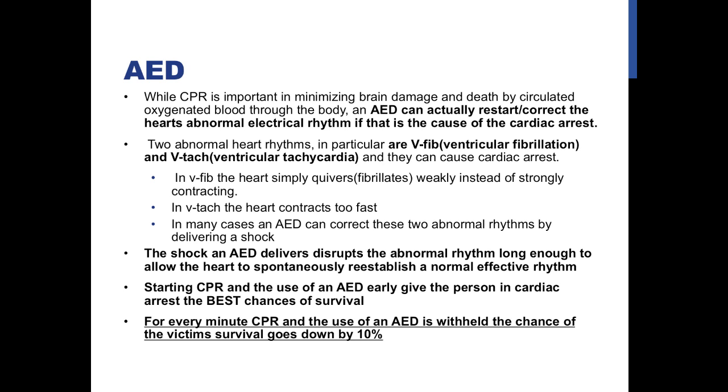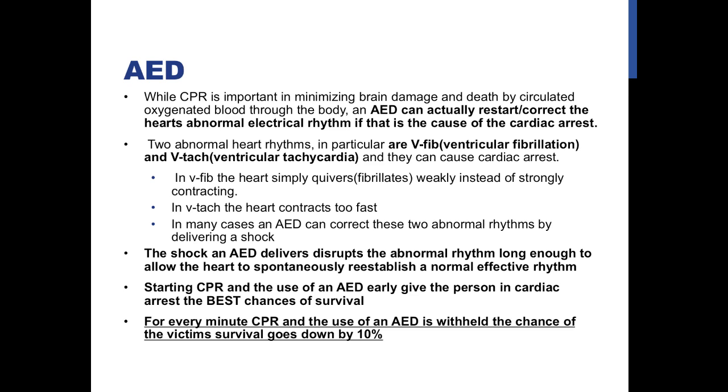So if they go into what's called fibrillation or an abnormal rhythm, you can see where that can be really detrimental. In VFib, the heart simply fibrillates, or you can think of it almost as quivering instead of creating a strong contraction. And VTAC, or tachycardia, is when it's moving too fast. So the heart is pumping and the ventricles are just contracting way too rapidly.